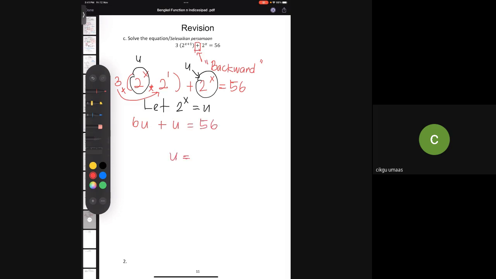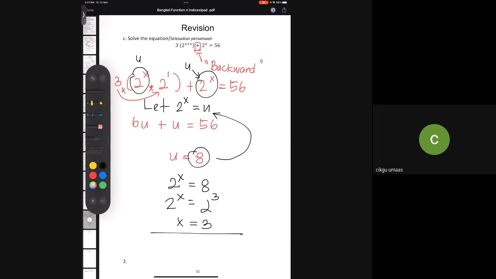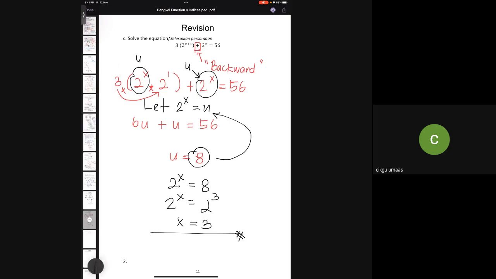Anda boleh selesaikan, you dapat u 8. Ganti dalam 2 power x equal to 8. So this is 2 kuasa 3. So from here, you get x is equal to 3. Habis cerita. Any question?